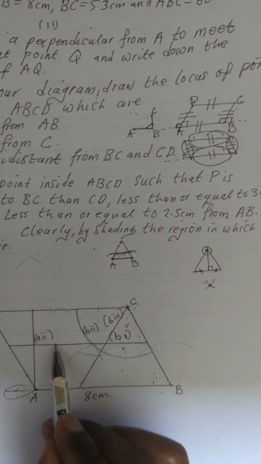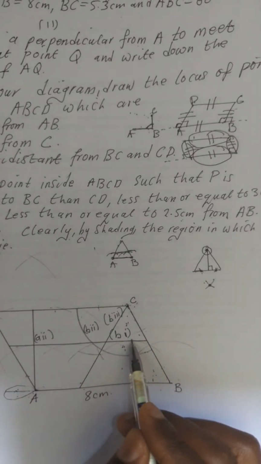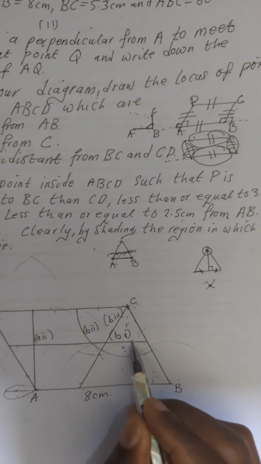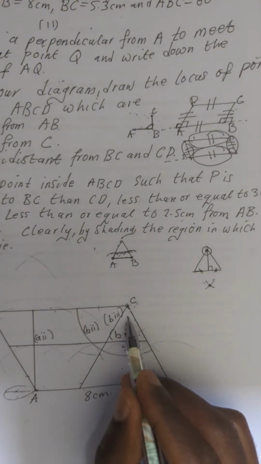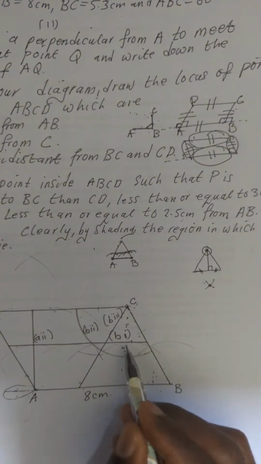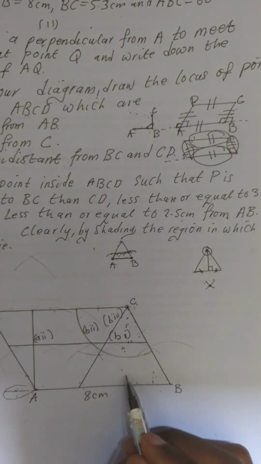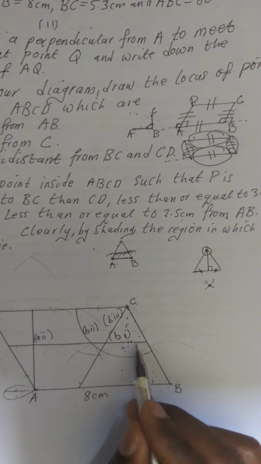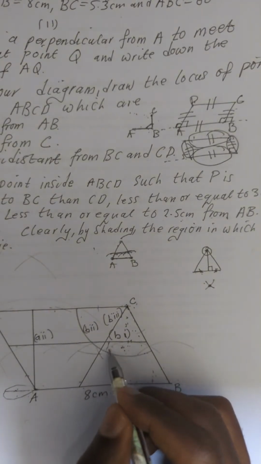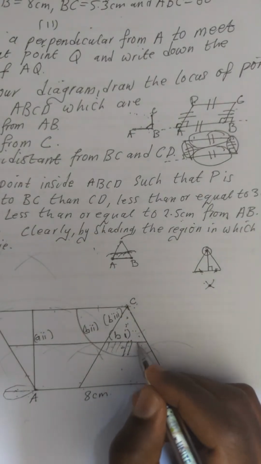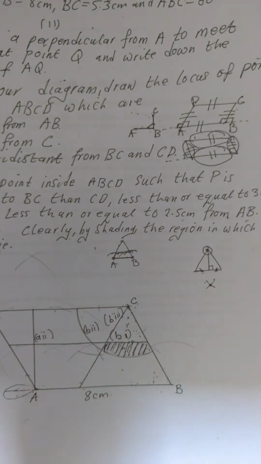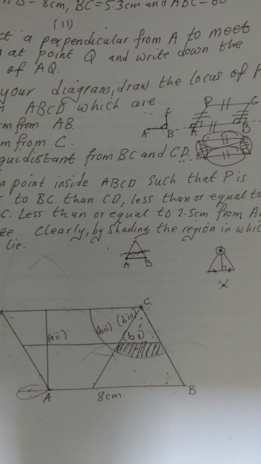So AB is here, and from here to here is 2.5. If you go up, it's more than 2.5, but anything below is less than 2.5. So between these two regions, the one below this line is this region. Therefore, our P is going to be here. We are done with this question.